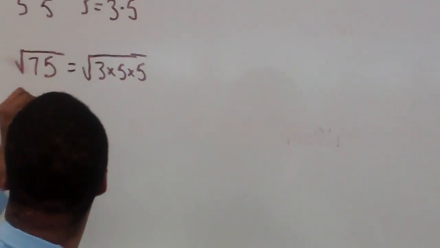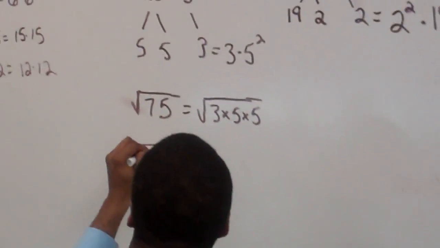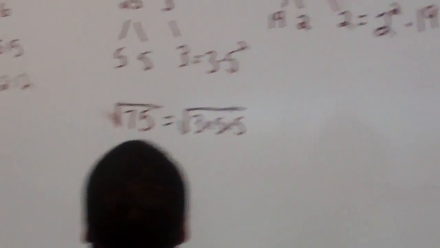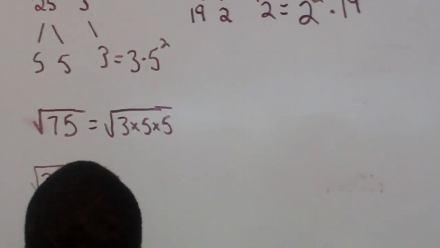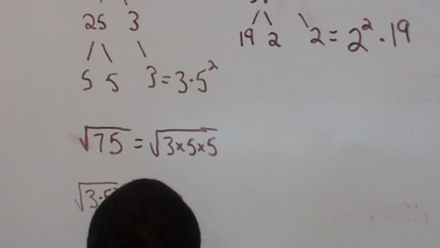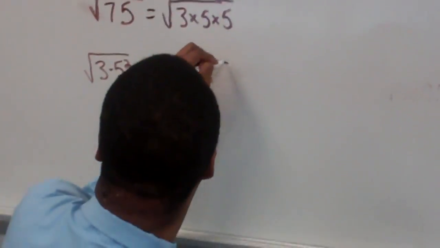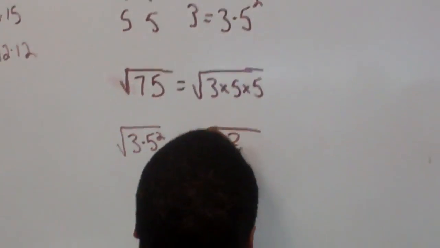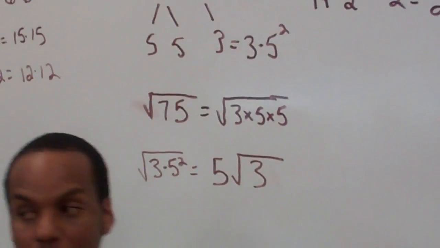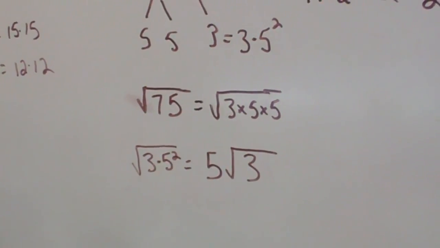I would then turn that into 3 times 5 squared. Then I would take my number that has the exponent and put it on the outside without the exponent, and leave my number with the exponent of 1 on the inside.